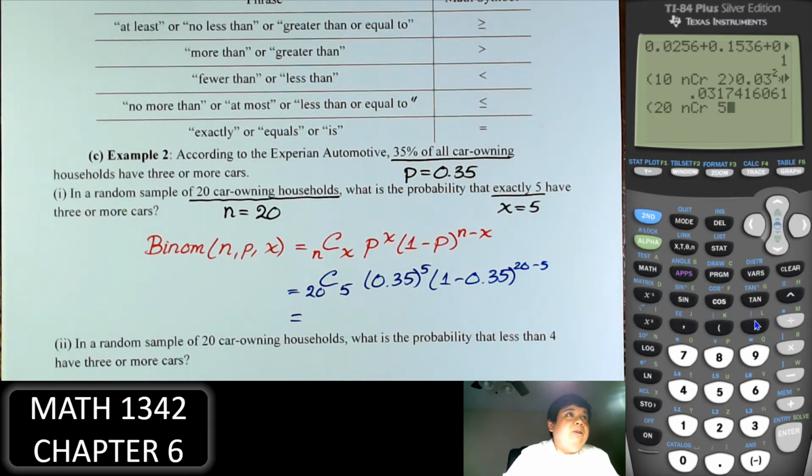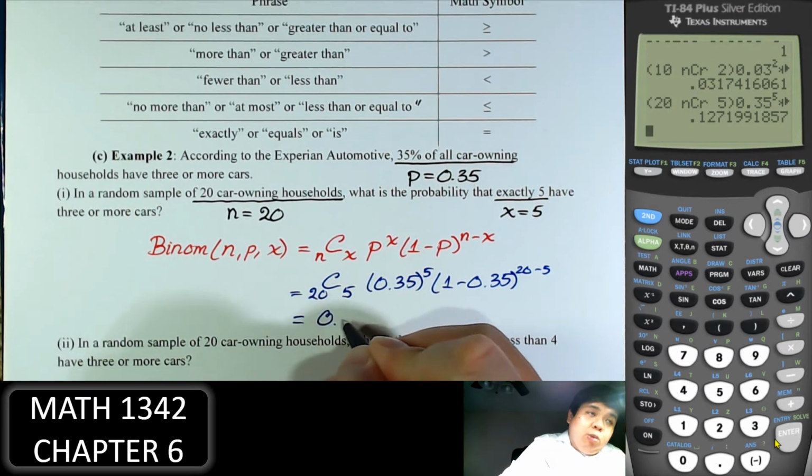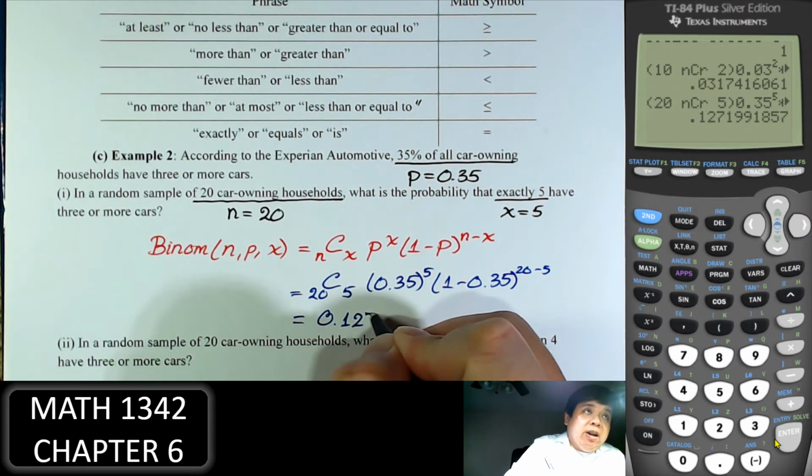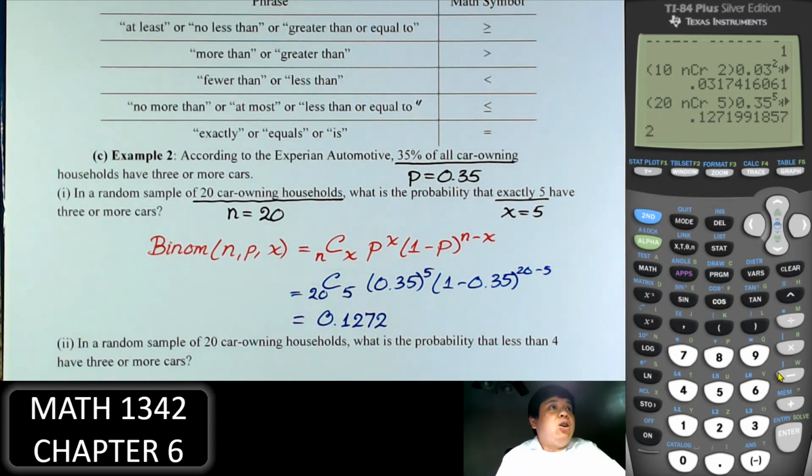Pick 5 out of those, and we have 0.35 to the power of 5, and then times 1 minus 0.35 is 0.65 to the power of 20 minus 5 is 15. So we have 0.1272 or 12.72%.